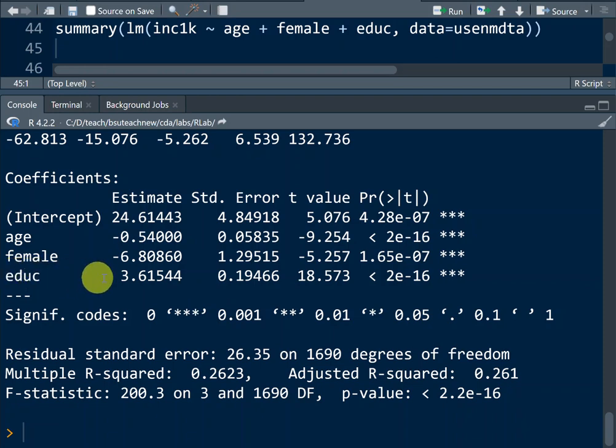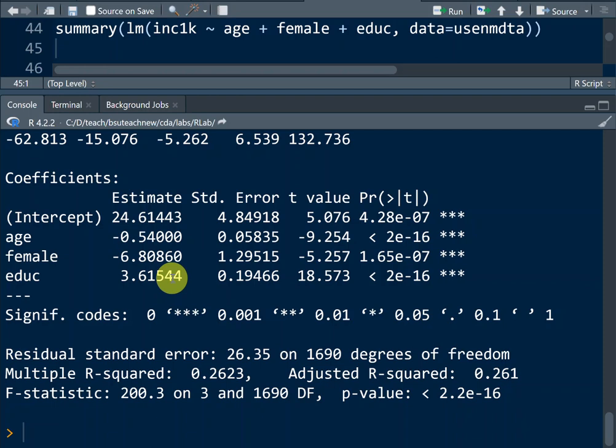And how about this dummy variable? Well, the dummy variable is a little bit tricky, but still we're going to say, holding all other variables constant, being female as opposed to being male is going to increase or decrease income?